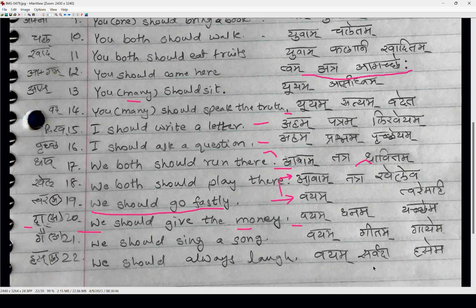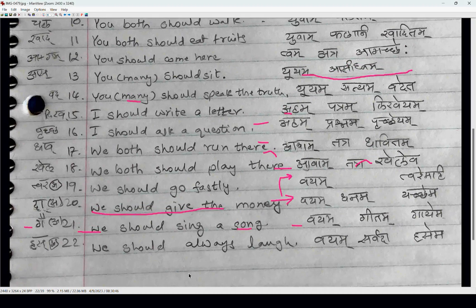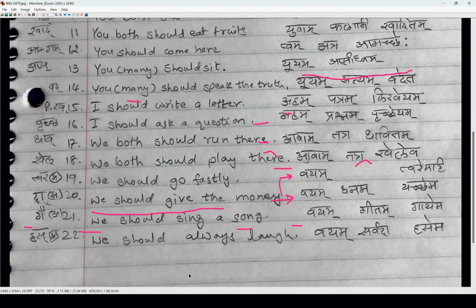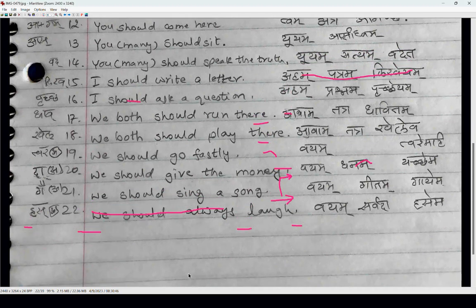Okay, next one. We should sing a song. Vayam gitam gayema. Last. We should always laugh. Vayam sarvada hasema. Good, Uttama.